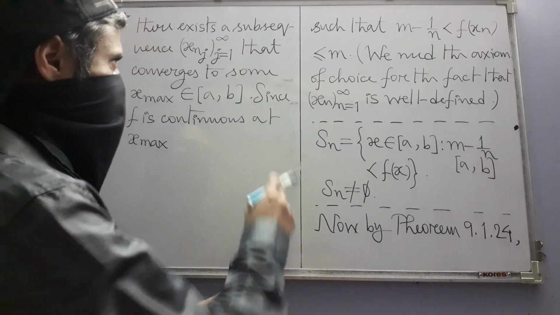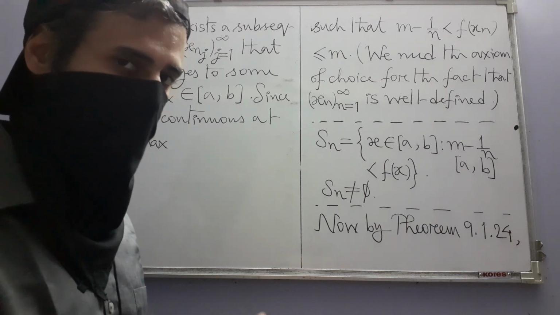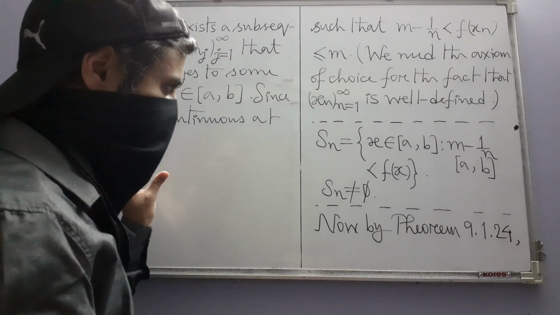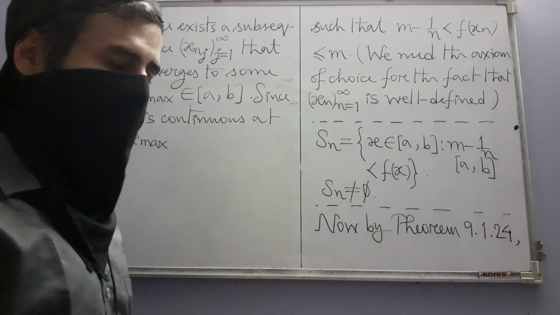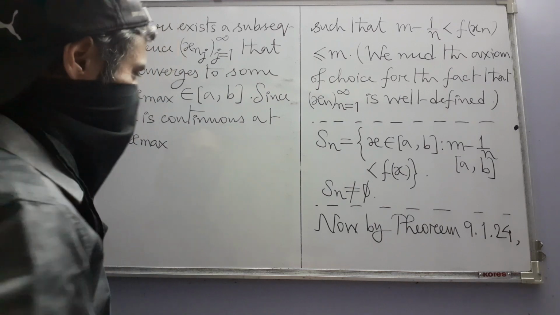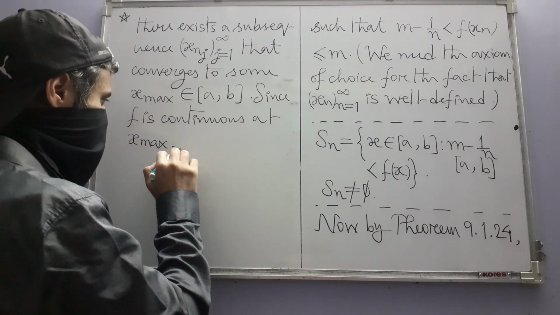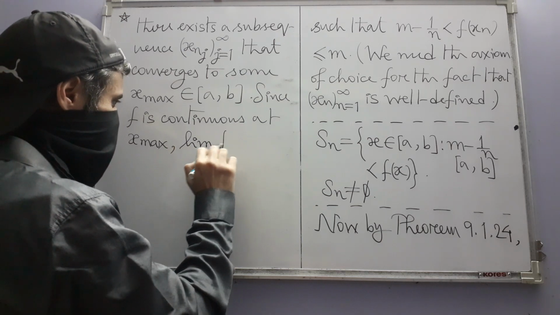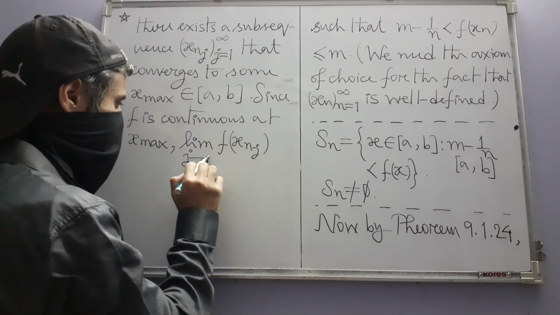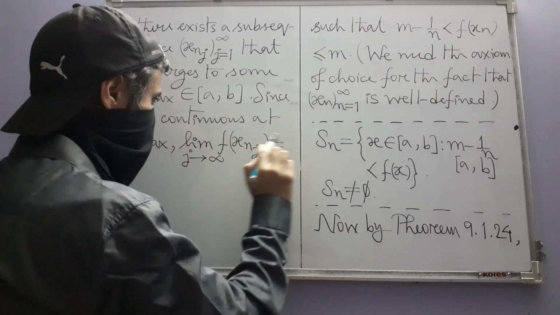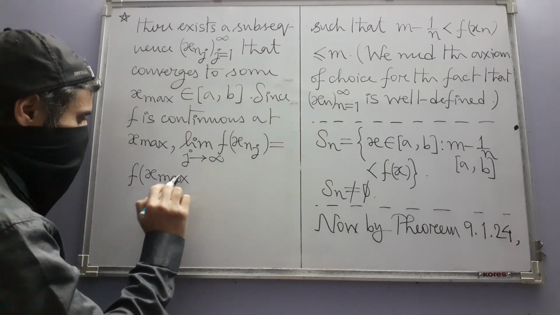The functional values of the sequence terms are also going to give us a sequence f of x_{nj}. That sequence is going to converge to the functional value at this point, f of x max. That is, we are going to get this limit of this as j tends to infinity is equal to this.